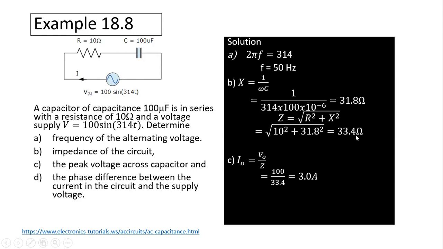Z, you already calculated that one. Okay or not? Srini, are you with me? Yes, teacher. So across the capacitor, the peak voltage is I naught times X. I naught is 3. That's your X. 95.4 volt.